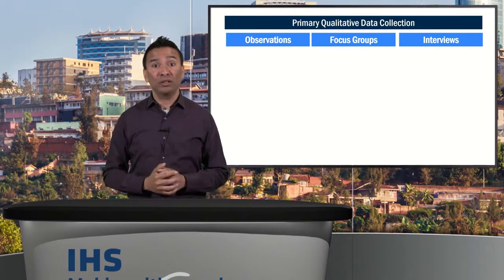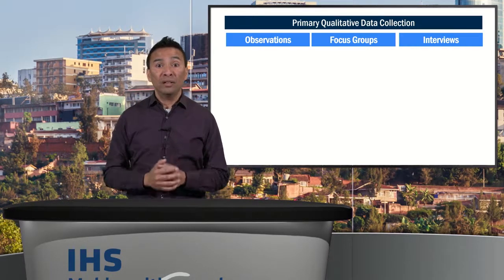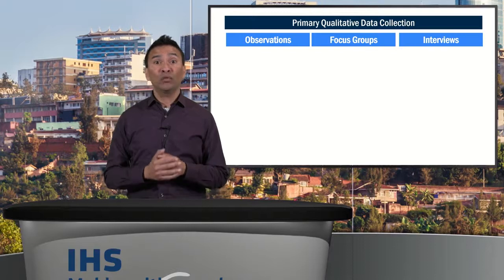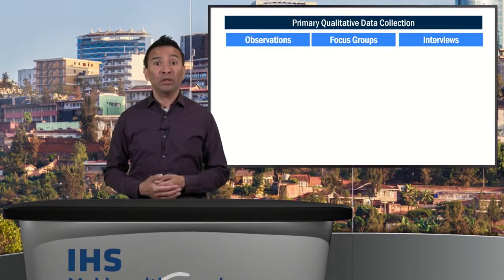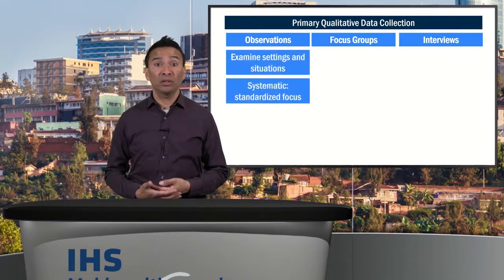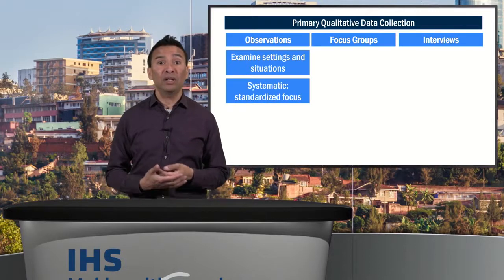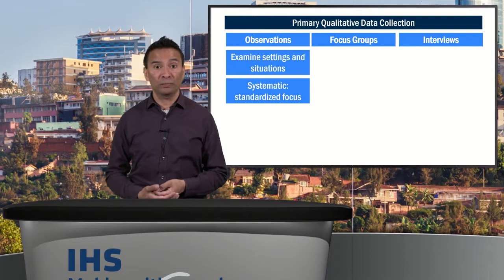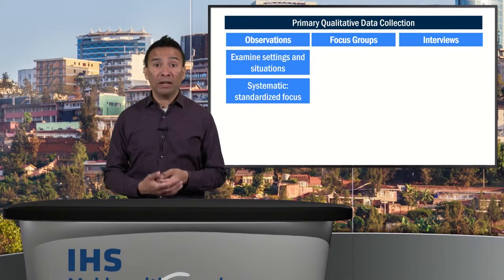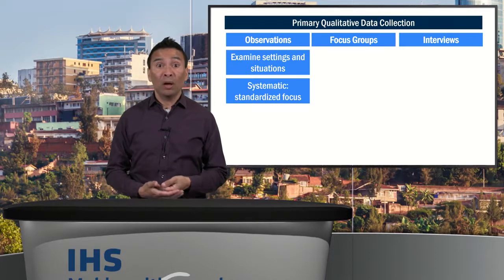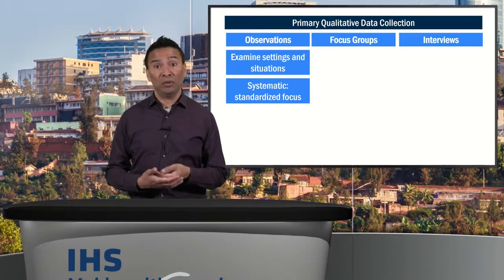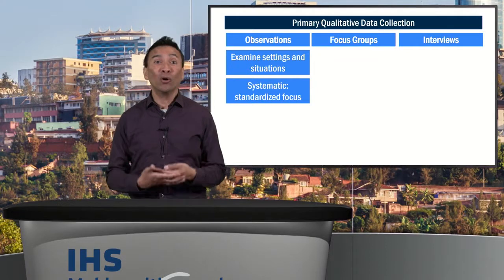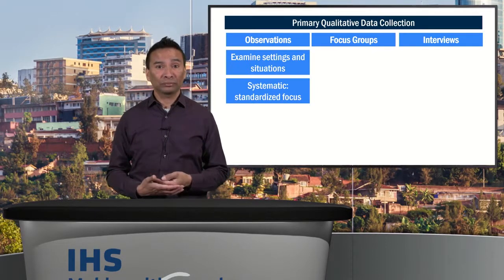To start with observations. This is a quite systematic way of collecting data where researchers can make use of all their senses to examine people in natural settings or naturally occurring situations. When researching bicycle use, for example, Hannah could have also focused on bicycle-friendly specific squares or intersections.